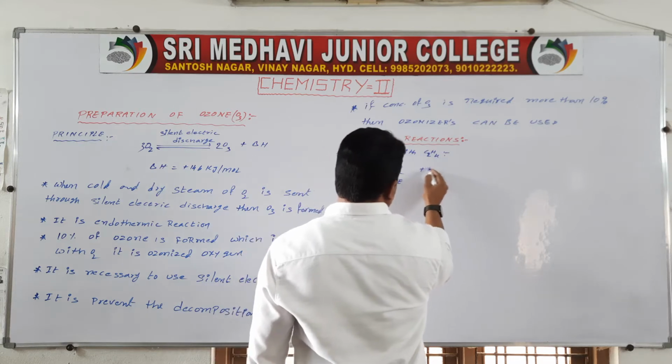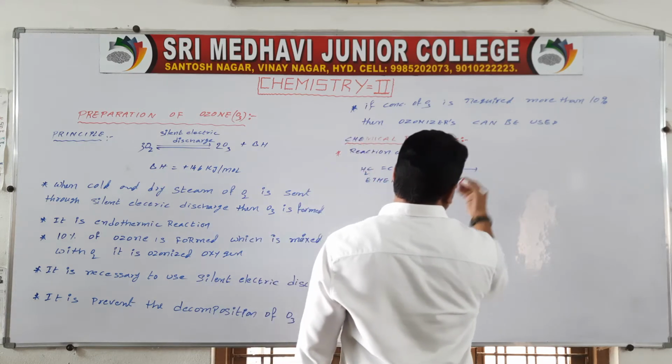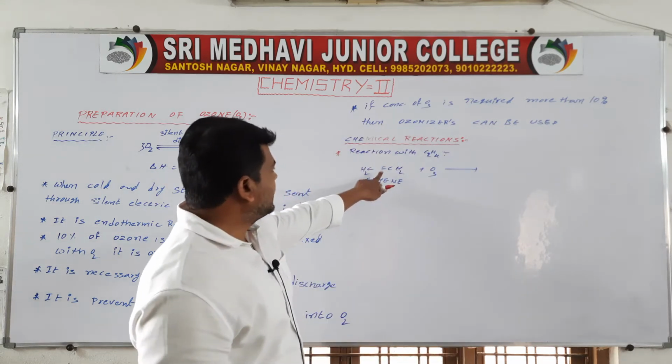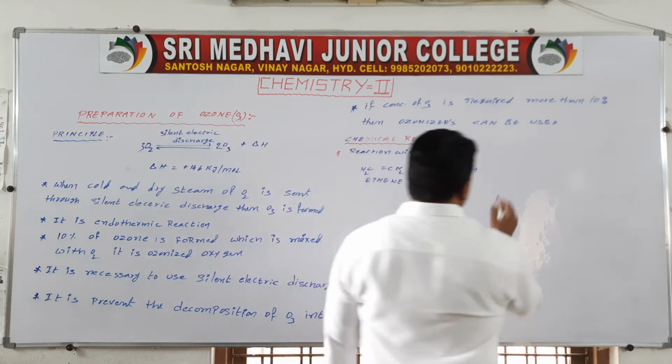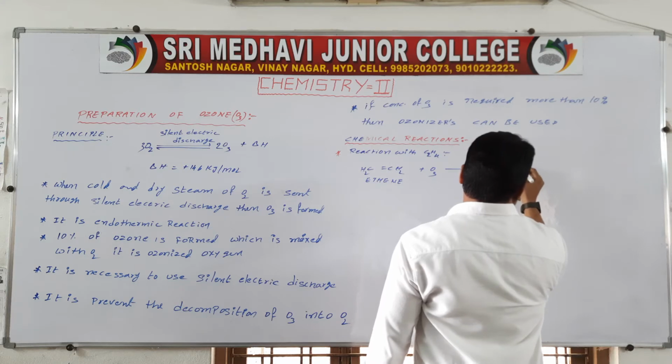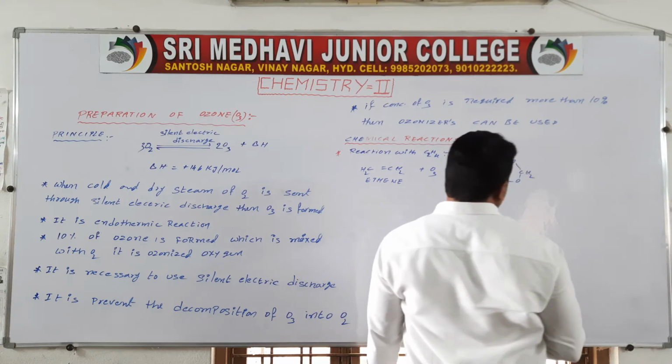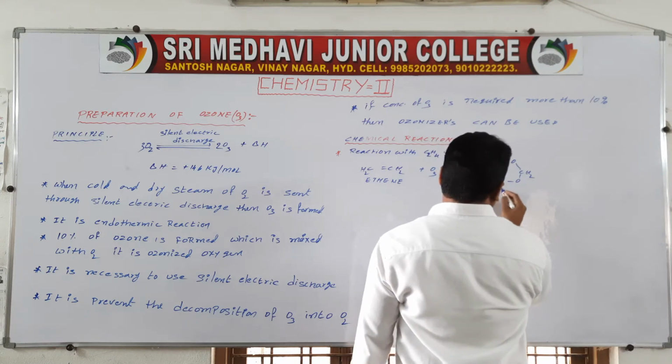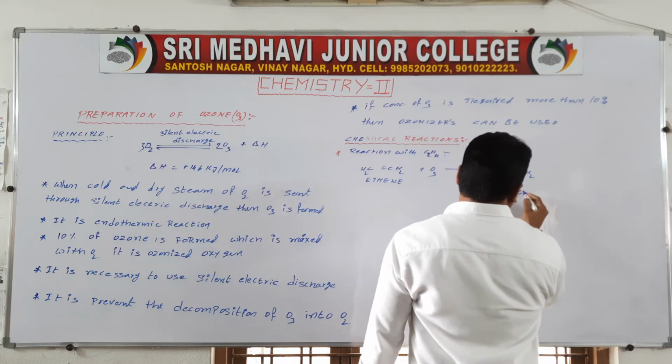Ethene reacts with ozone. Here the double bond will break, and then CH2 single bond CH2 like this. It is nothing but ethene ozonide that is formed.